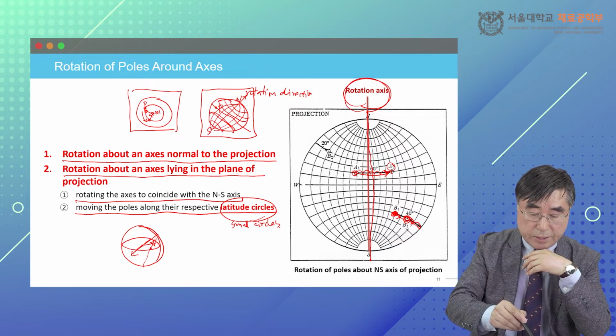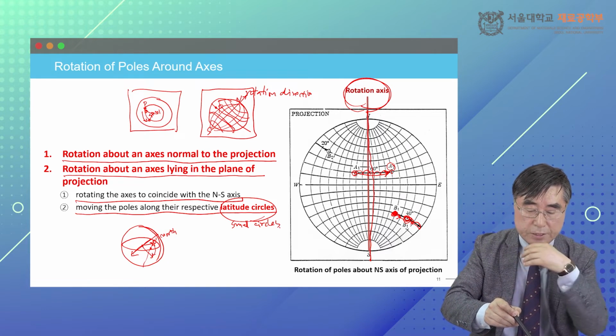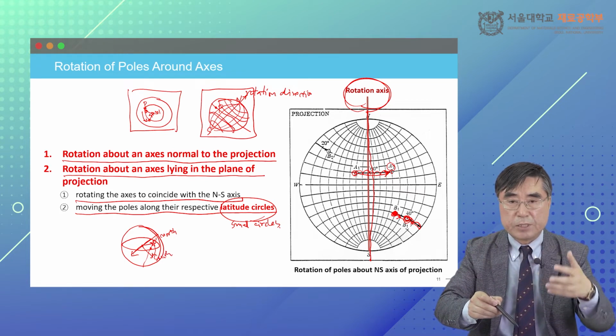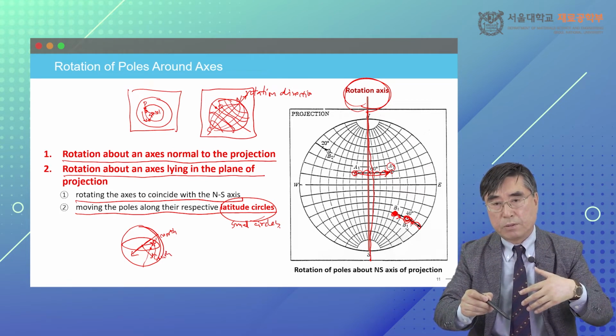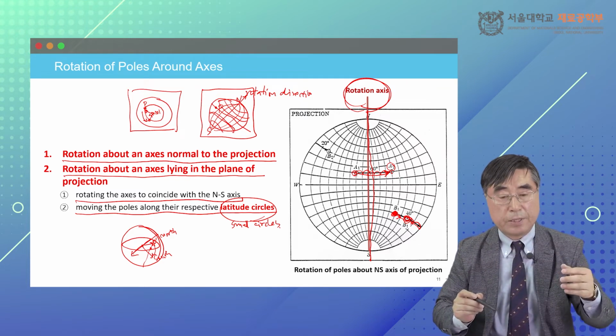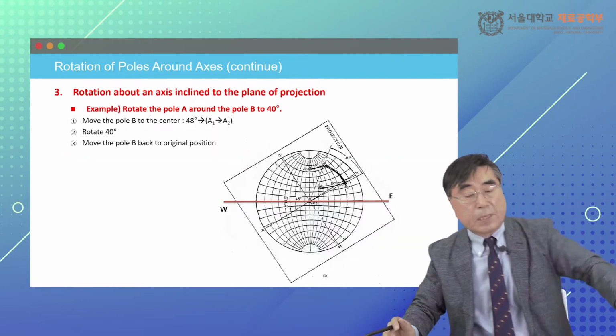Then you rotate it. Then of course, if you rotate it further, it will go down. This is the north hemisphere, upper pole. Now it moves to the downside of this hemisphere, which is the south hemisphere. So now this is represented as a down pole instead of an upper pole. I hope you understand what I am trying to deliver.